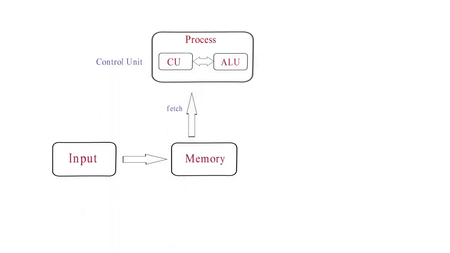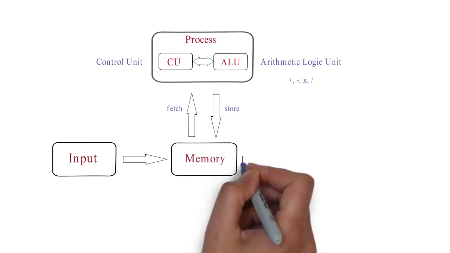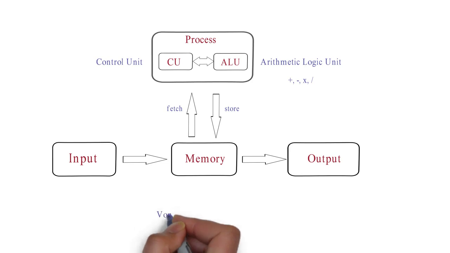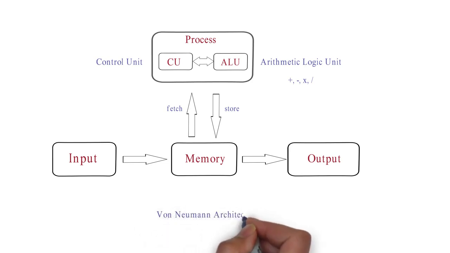Second ALU, arithmetic logic unit. The role of the CU is to manage the commands and input-output. ALU is work to perform mathematics functions. After processing complete, the control unit stores the result in memory and display the output. This is the working of von Neumann architecture.